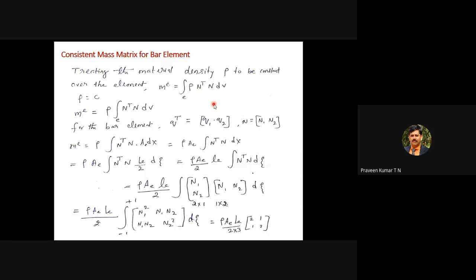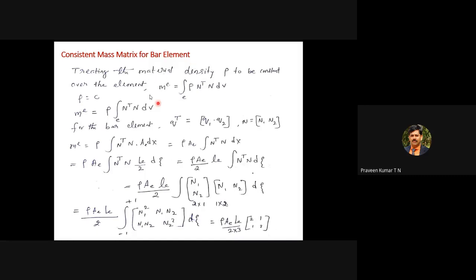This is one assumption. The general formula for the mass matrix is given by rho into N transpose N into dV. Irrespective of whether it is a bar element, beam element, triangular element, or quadrilateral element, the formula for the mass matrix is rho into N transpose N into dV.